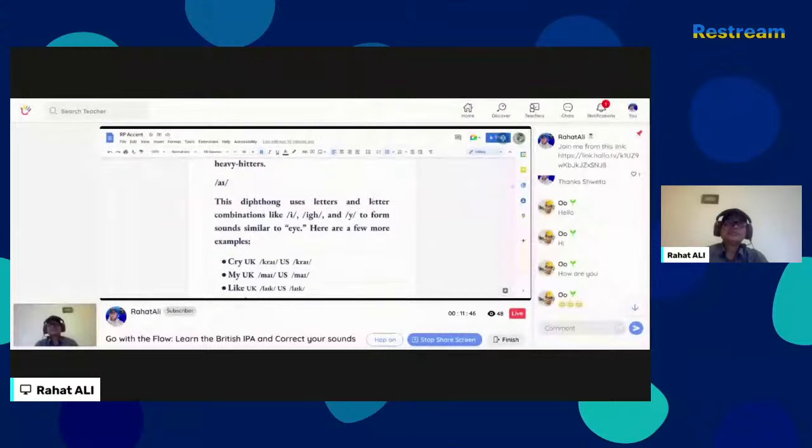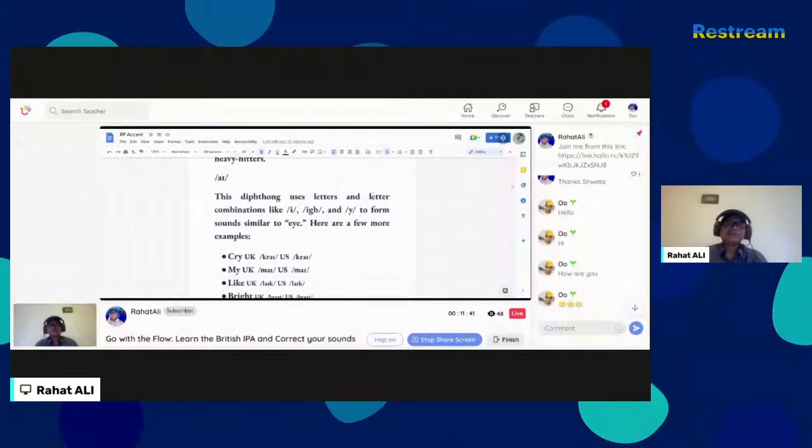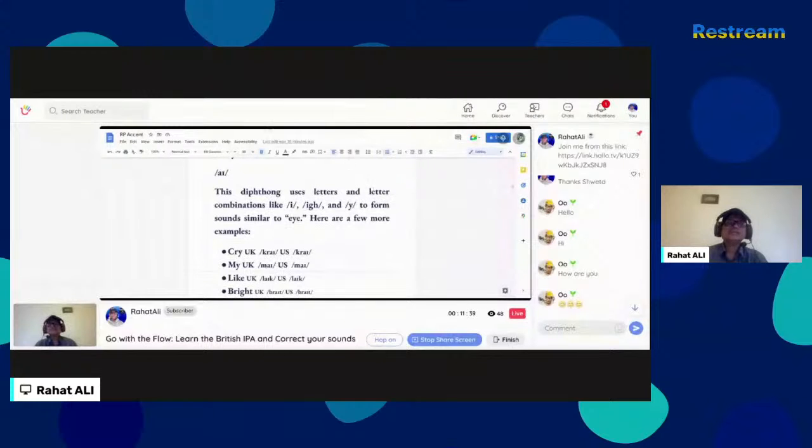First one is A with I, the "eye" sound. This diphthong uses letters and letter combinations like I, IGH and Y to form the sound. Here are a few more examples, like cry. You can see from the phonetic symbols, or phonemes, in cry there is A and I. Then my, like, bright.